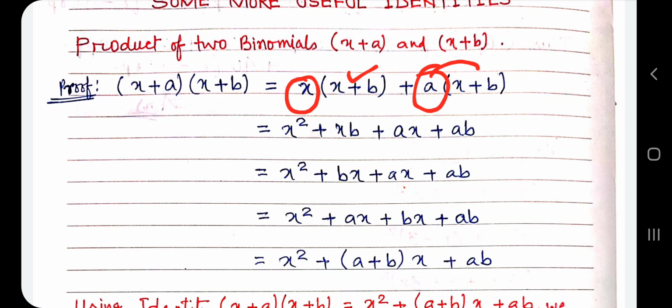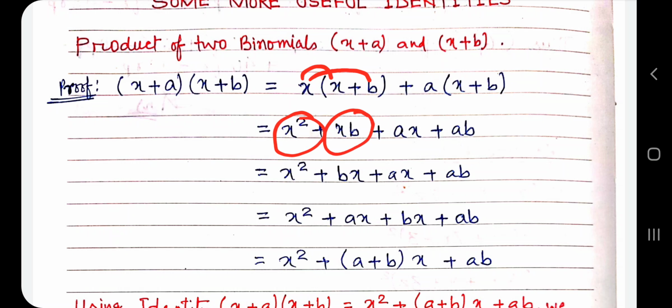So when they are simplified, we get x into x to give x square. Then x is multiplied with b to give xb. Then a is multiplied with x to give ax, and when a is multiplied with b, it is ab. So these are the four products here.